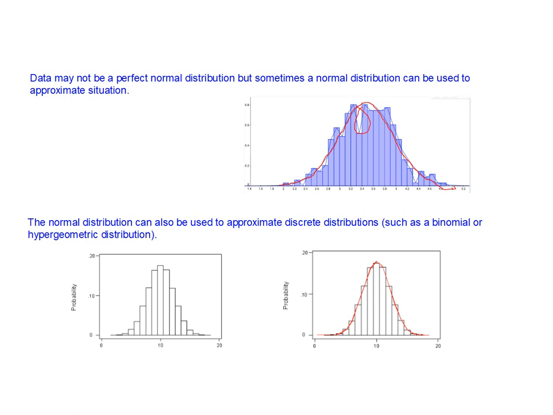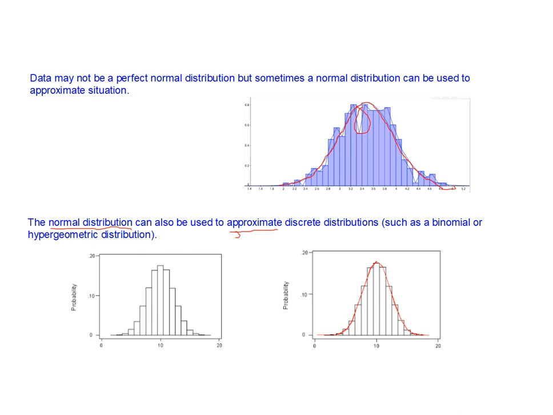Speaking of approximations, remember we talked earlier about how a normal distribution is for continuous data. We can also use it to approximate discrete data such as a binomial or hypergeometric distribution that we've looked at before.